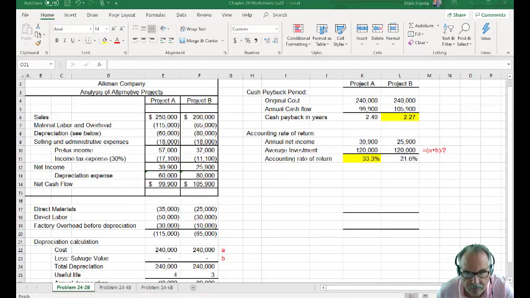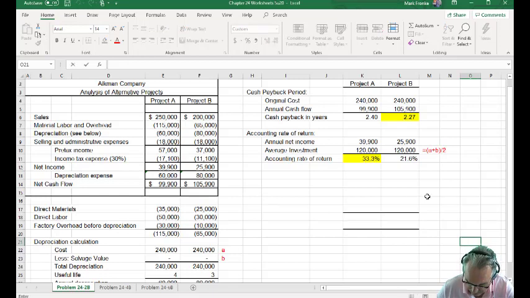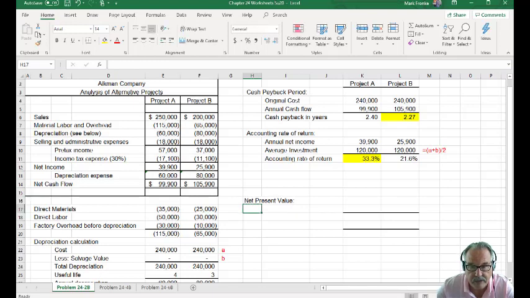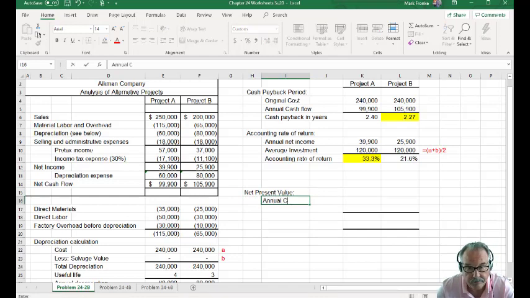So now we can do our third measurement, which is going to be the net present value, which takes into account the time value of money. Annual cash flows.